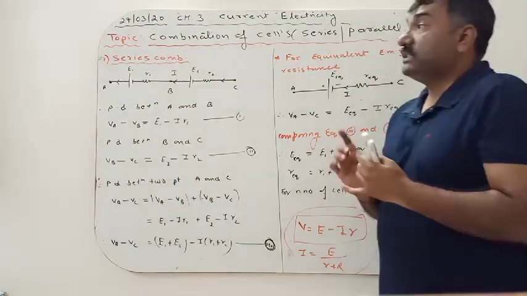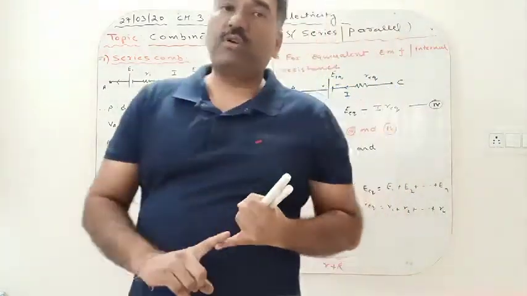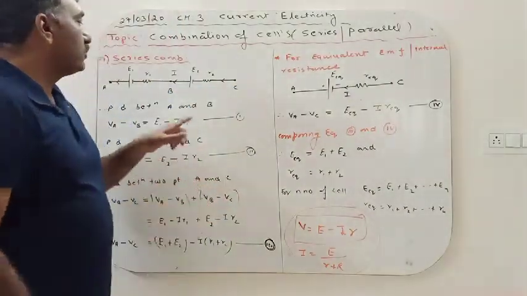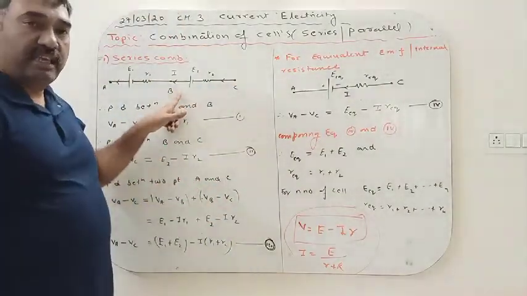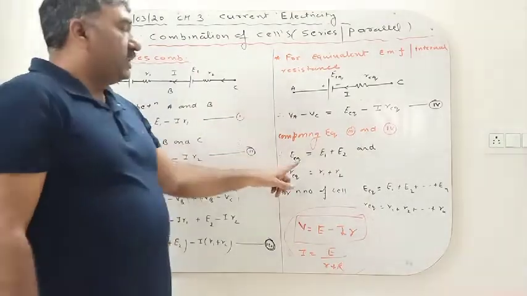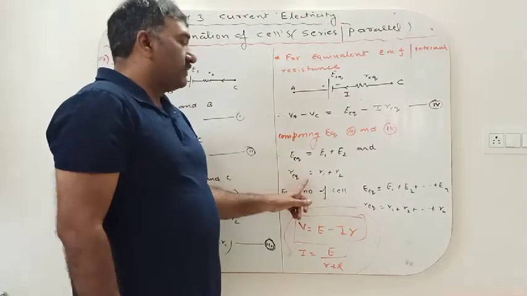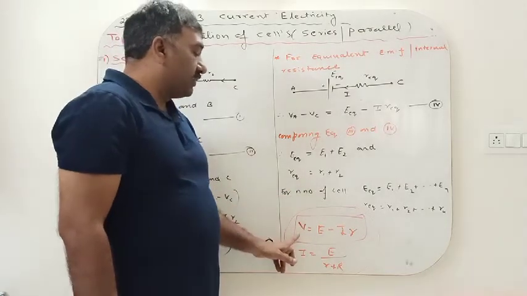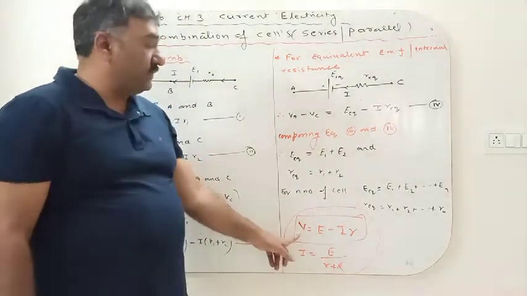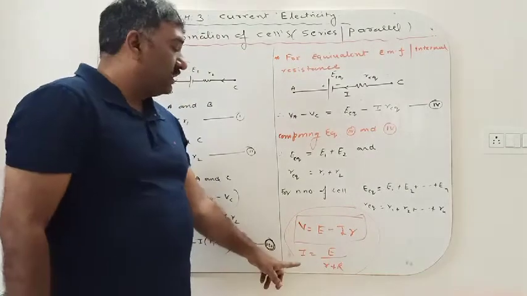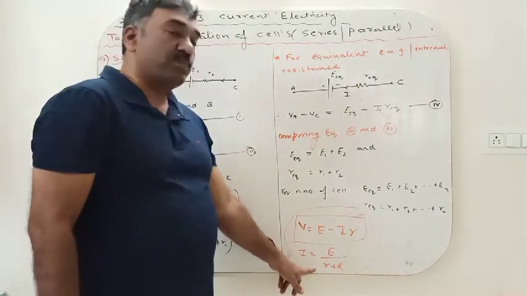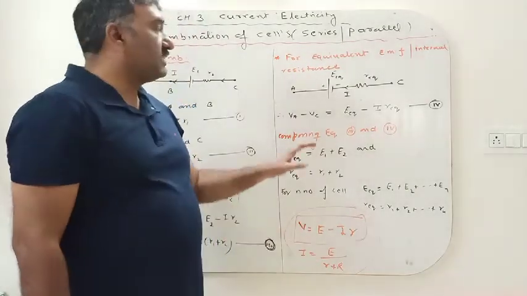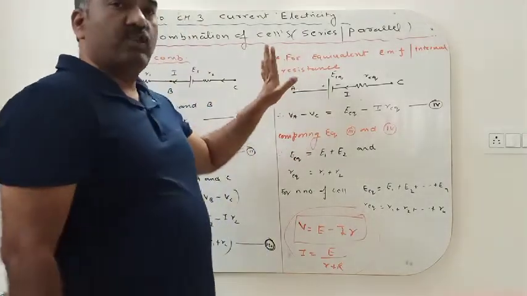Remember, students, for series combination the current passing through each cell remains the same, and the equivalent EMF and equivalent resistance both increase. The basic formula for terminal voltage is V is equal to E minus IR, where I is equal to E divided by small r plus capital R. This is the expression for series combination.